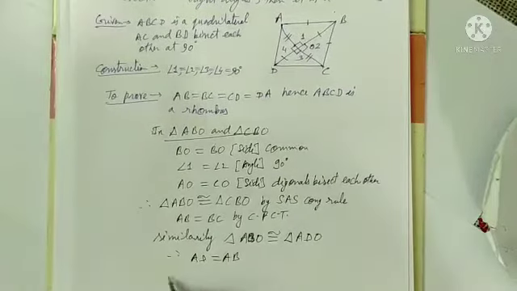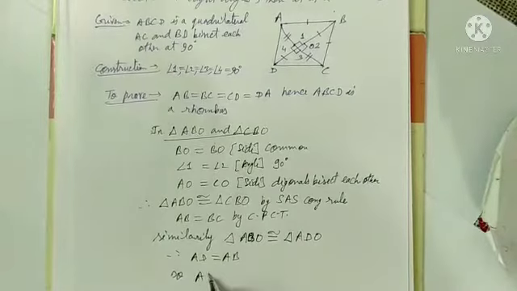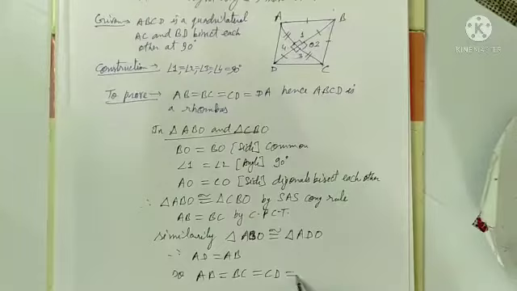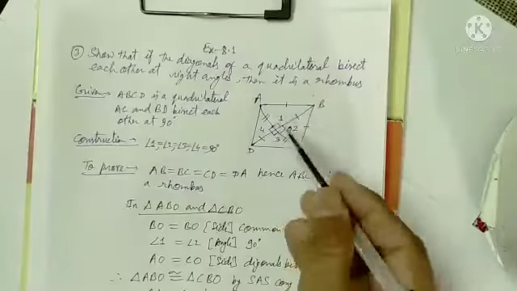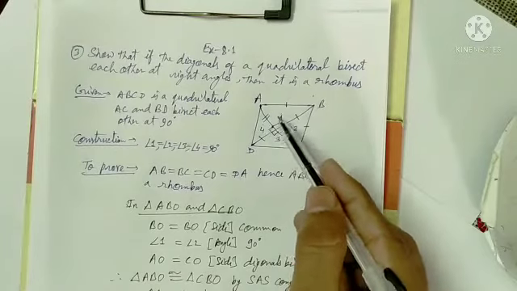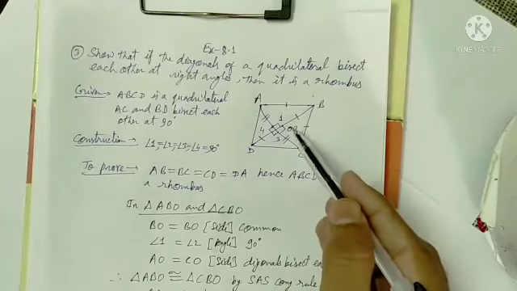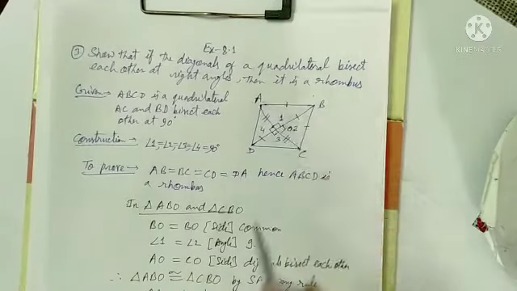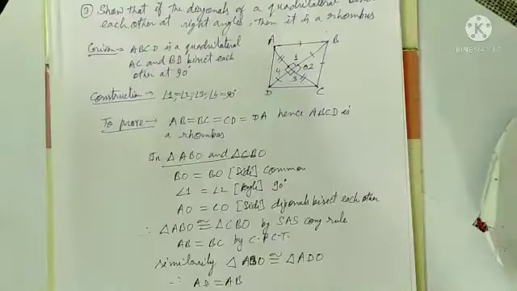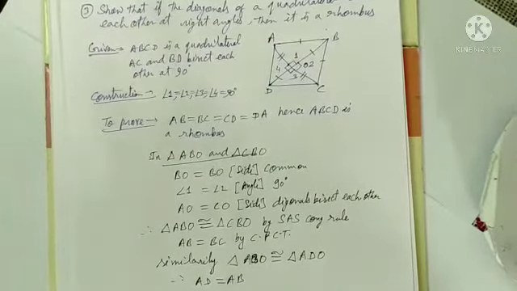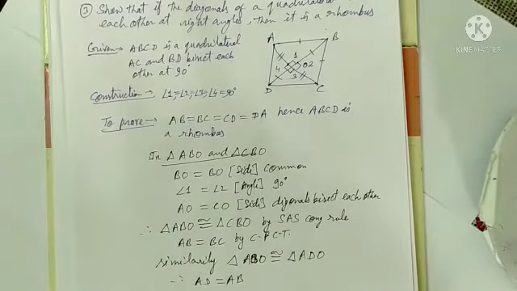So we can say AB is equal to BC is equal to CD is equal to DA, because you can see in the figure that both pairs of triangles will be congruent by SAS property, and this pair also will be congruent by SAS, means every pair of triangles will be congruent by SAS. So all sides are equal, hence it is a rhombus. We have proved it is a rhombus.